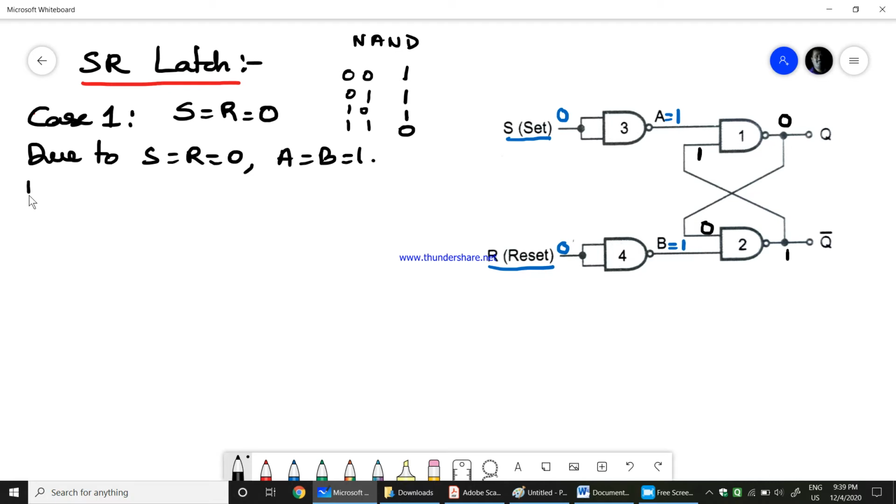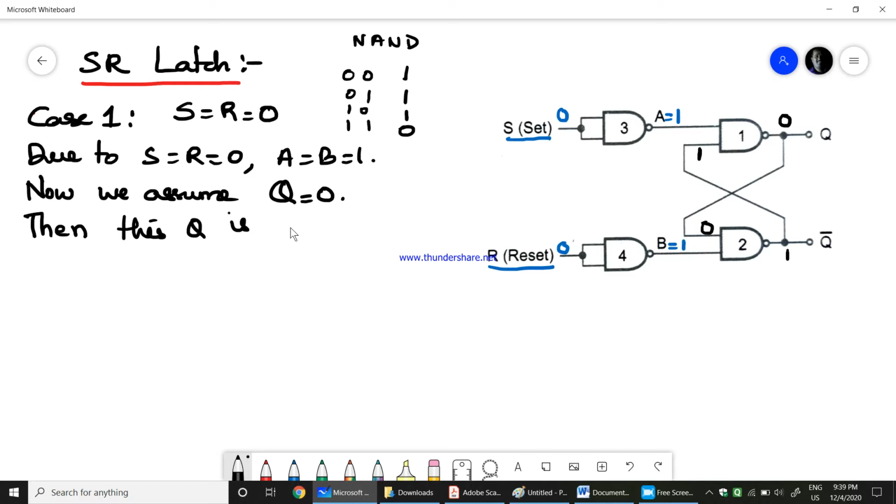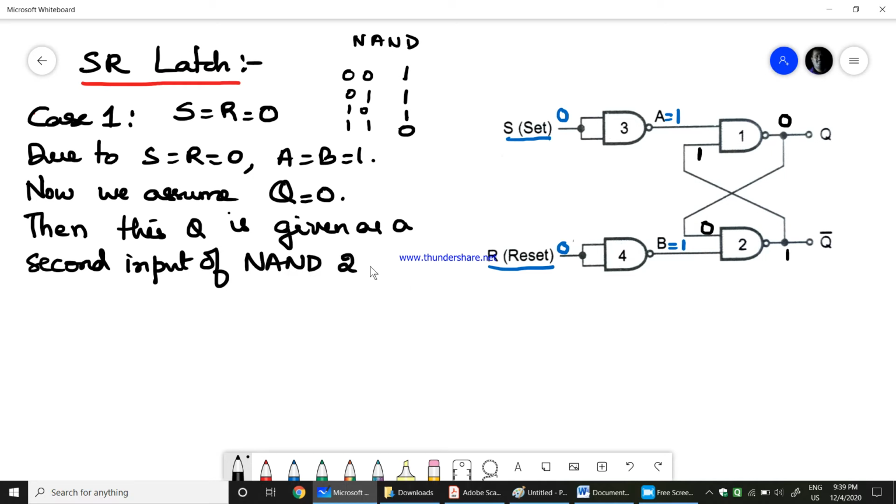Now we assume Q to be equal to 0. This Q is given as the second input of NAND gate 2.